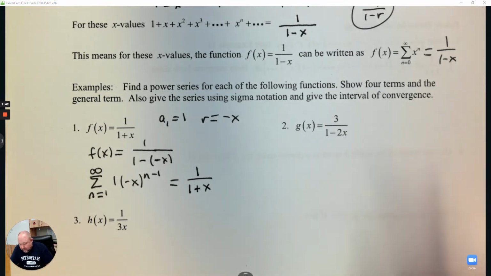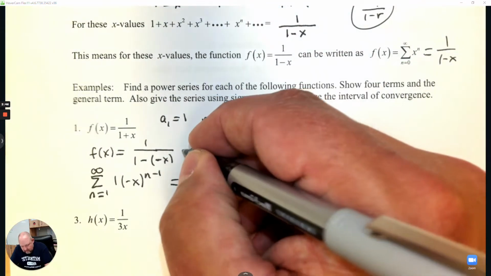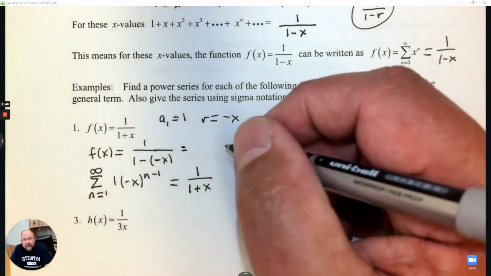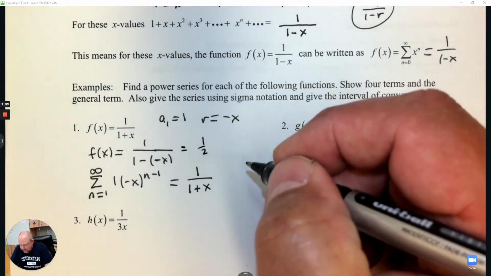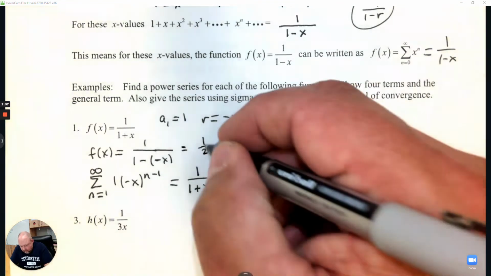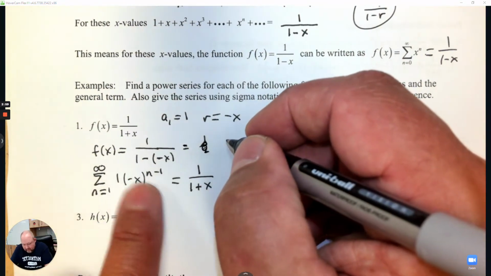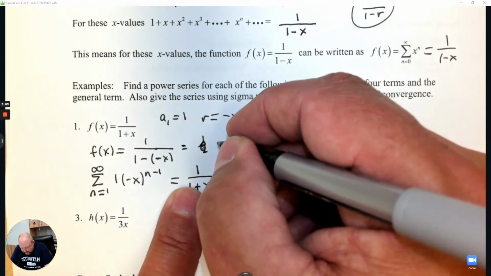If I write down the first terms, the first term would be 1.